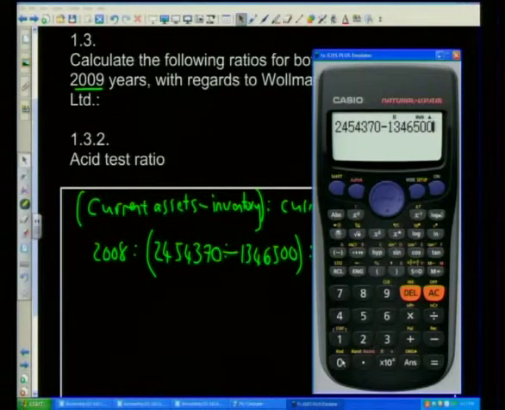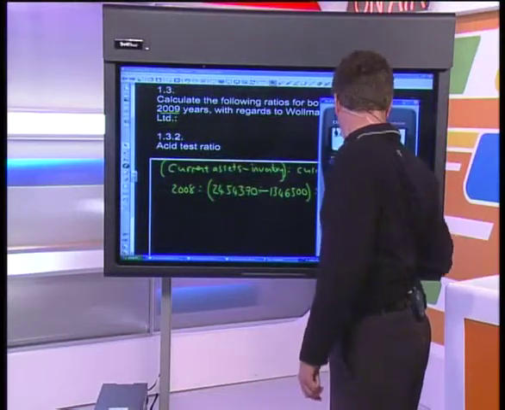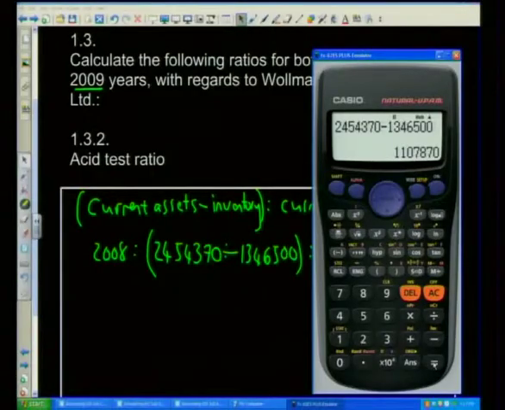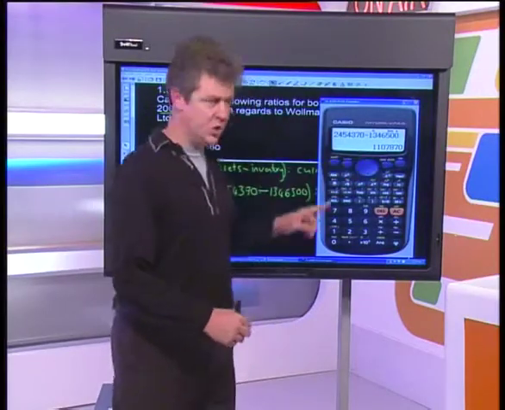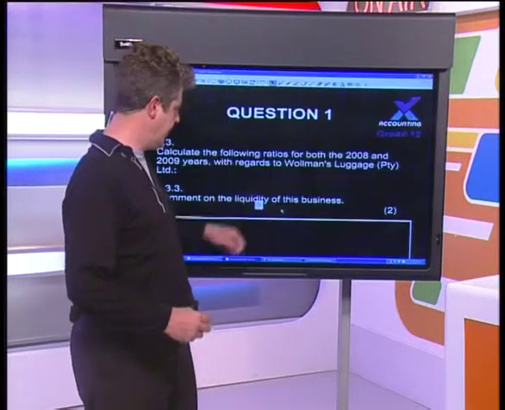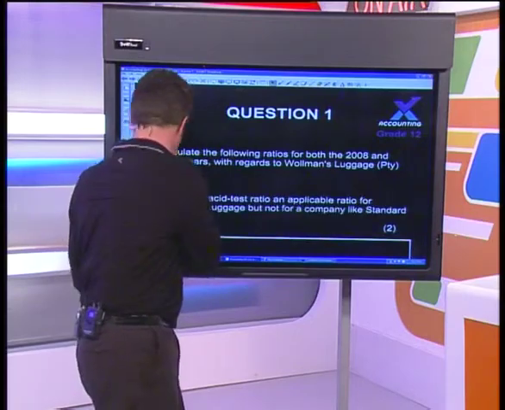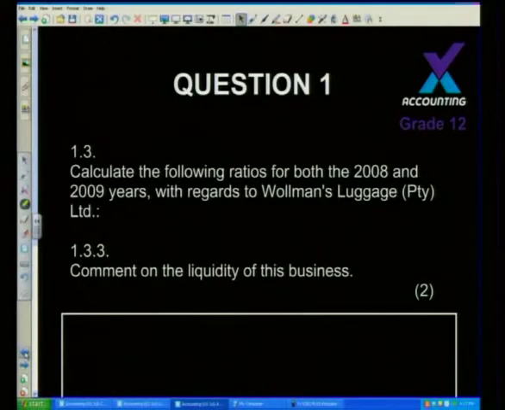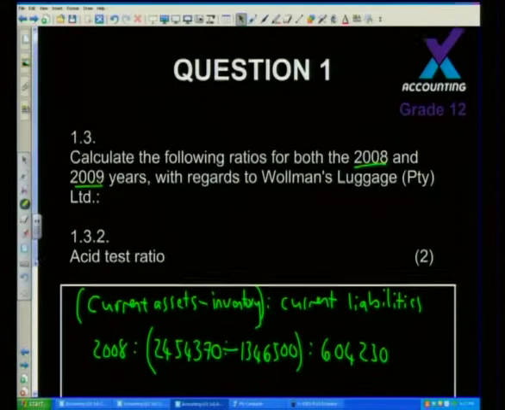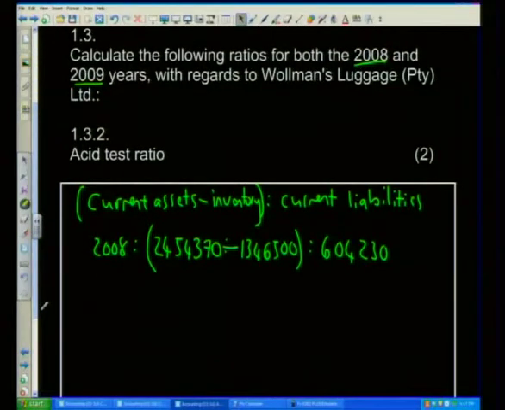Please make sure that at this point you press equals on your calculator to get what the current assets are after you've subtracted the inventory from it. It might also sometimes be a good idea to write this answer over here so that you have it on the page. Because remember, you're going to get given some marks for calculations, so if you've done your calculation correctly, you'll get some method marks even if your answer turns out not to be right.